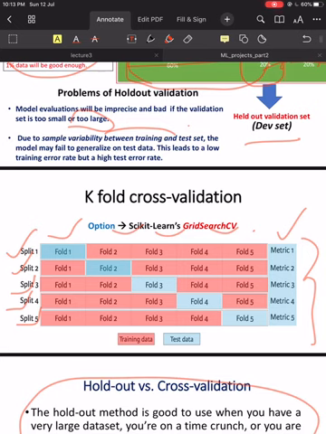All you need to do is tell it which hyperparameters you want to experiment with and what values you are going to try out, and it will use cross validation to evaluate all the possible combinations of the hyperparameter values. So this is one method that you can use in scikit-learn.